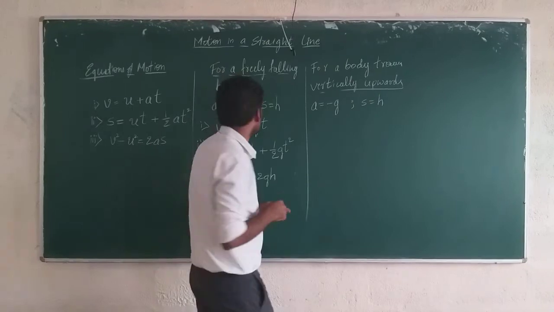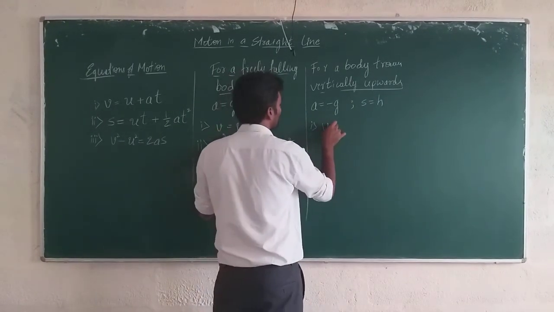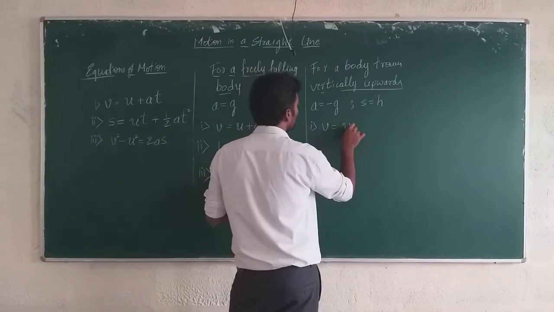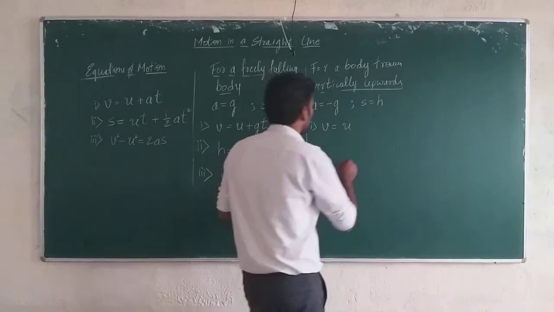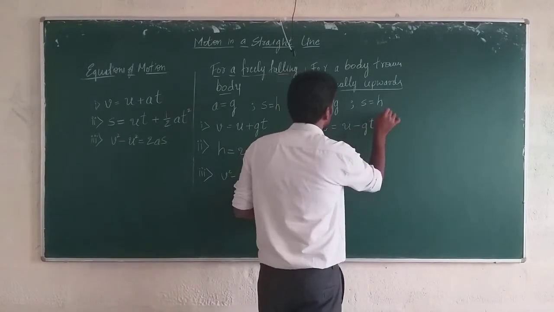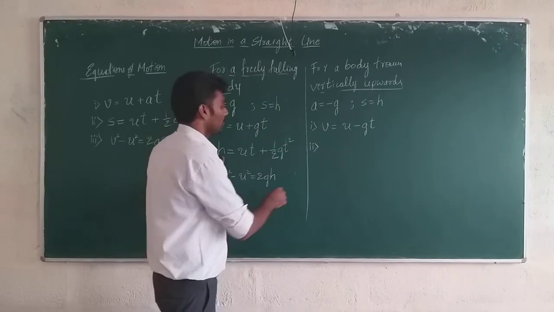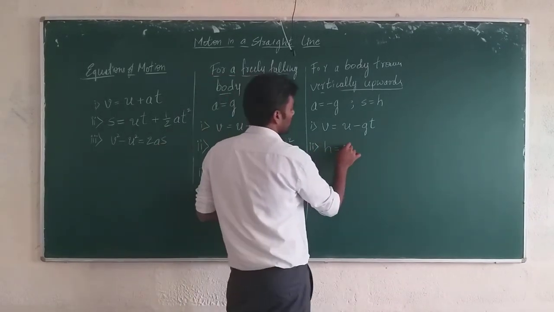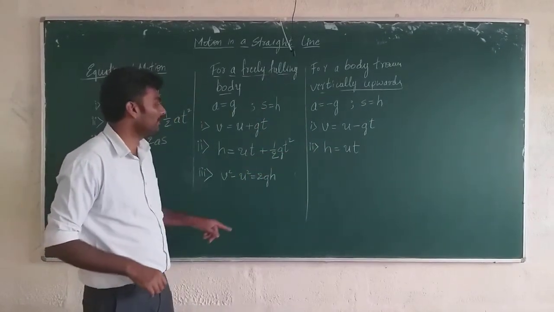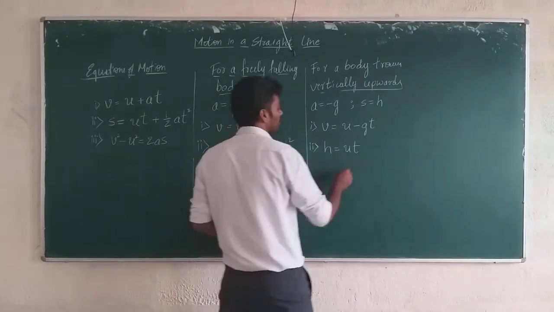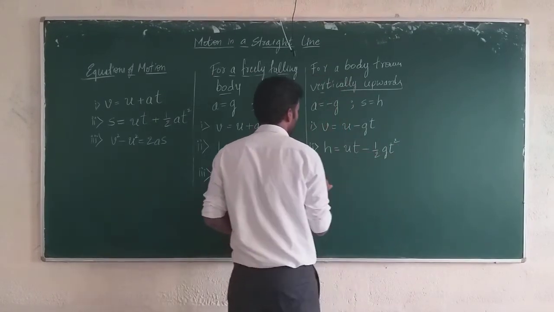So for this situation, the equations of motion will be as follows: v is equal to u, instead of plus gt, this time we take minus gt. h is equal to ut, instead of plus gt squared, now minus half gt squared.